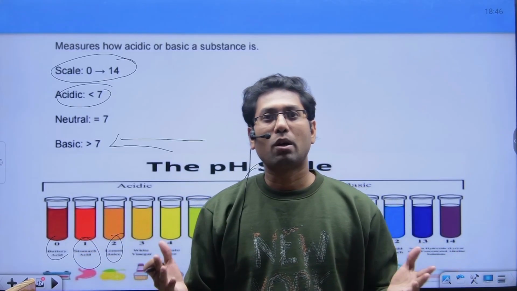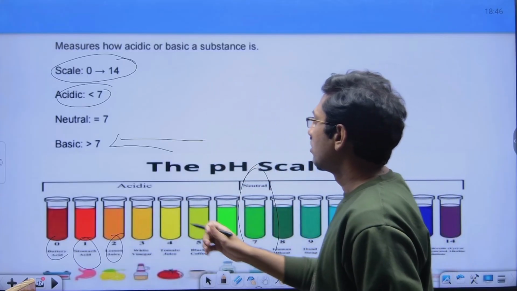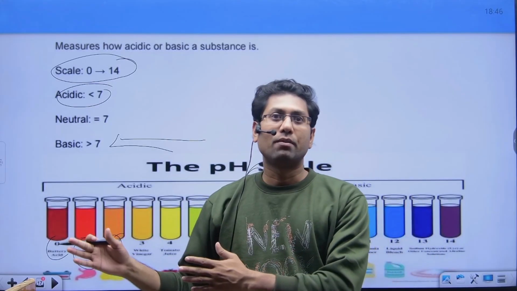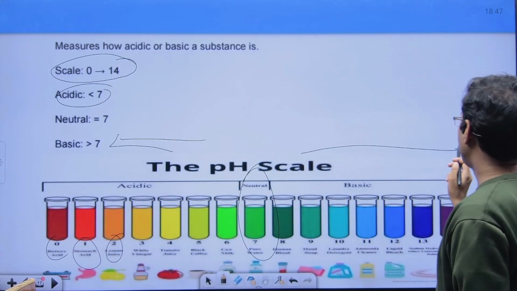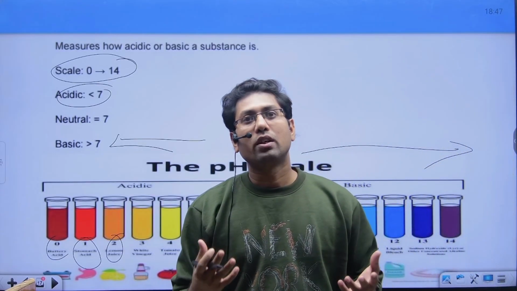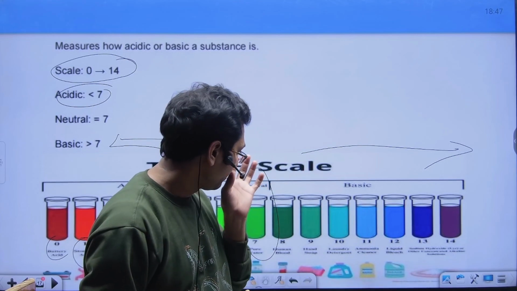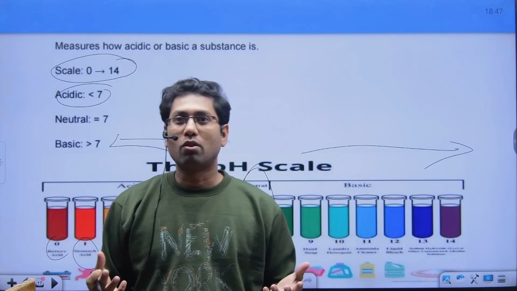Now if we discuss bases, what is the pH level of a base? For a base, the pH is more than 7, and the further the value of pH is from 7, the stronger that particular base is. Sodium hydroxide is a very strong base.